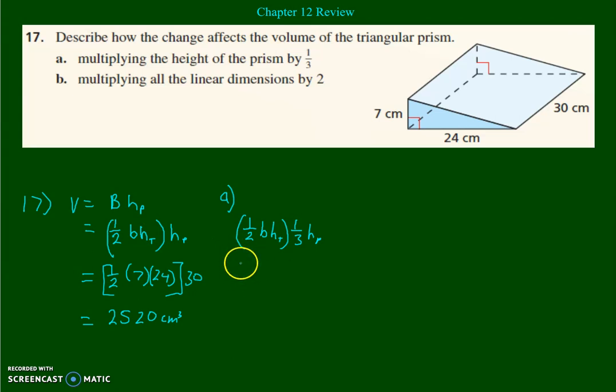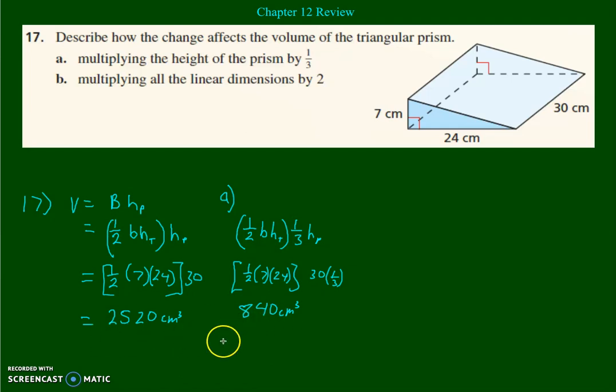So let's see if that works out that way. Let's go ahead and put in our values. We have 1/2, 7 times 24 times 30 times 1/3. And you can clearly see here that we're going to take the 30 and divide it by 3. So this value is going to come out to be 1/3 of this. But let's calculate it out. This gives us 840 centimeters cubed.